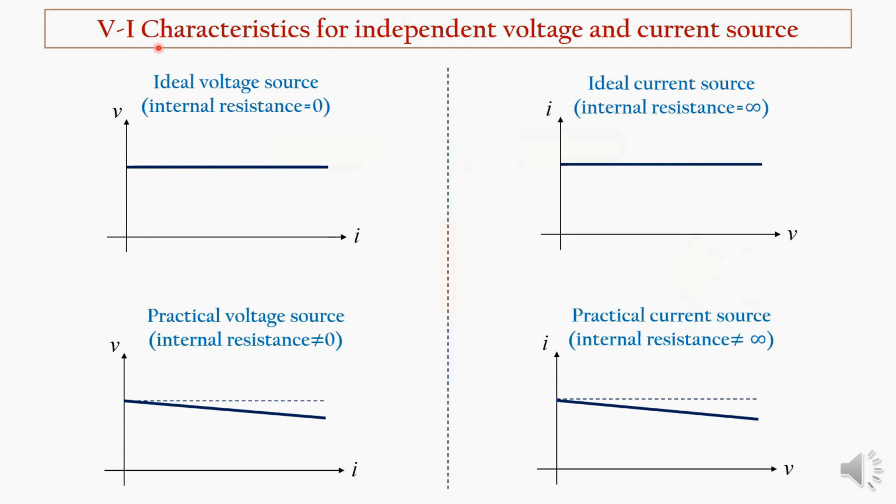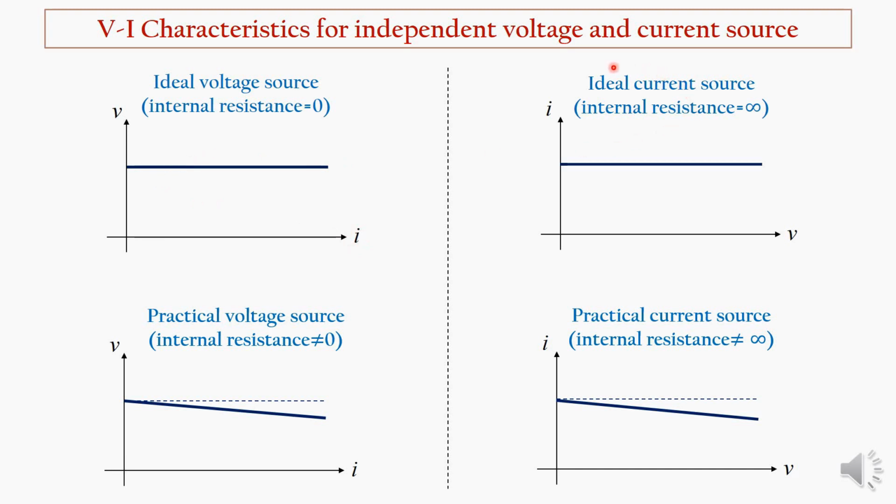Now the VI characteristics for independent voltage and current sources. Let's see first the ideal voltage source. An ideal voltage source has zero internal resistance. That is, the voltage of the voltage source does not depend on the current drawn by the circuit. Here in this graph, voltage is independent of the current drawn by the circuit.